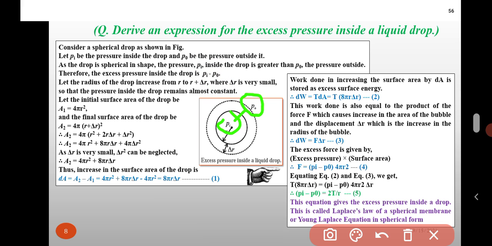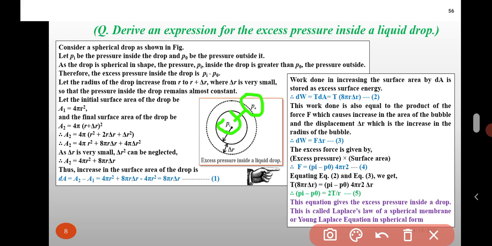Let the radius of the drop increase from r to r plus delta r, where delta r is very small, so that the pressure inside the drop remains almost constant. Let the initial surface area of the drop be A1 equal to 4 pi r squared, and the final surface area of the drop will be A2 equal to 4 pi (r plus delta r) squared.